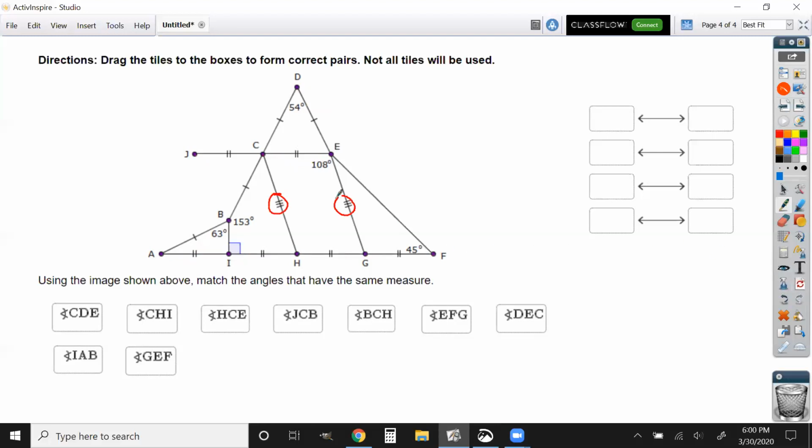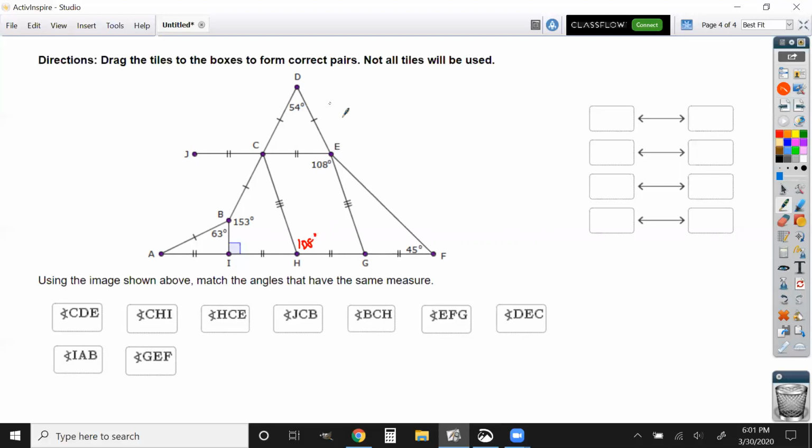Anything with the 3 marks are equal. So when they're asking us about the angles, those markings might tell us something about the shapes that we have. For example, see this parallelogram right here? The opposite sides of a parallelogram are always equal. And if it's a parallelogram, then we also know that the opposite angles are equal. So if this was 108, then this has to be 108 degrees.